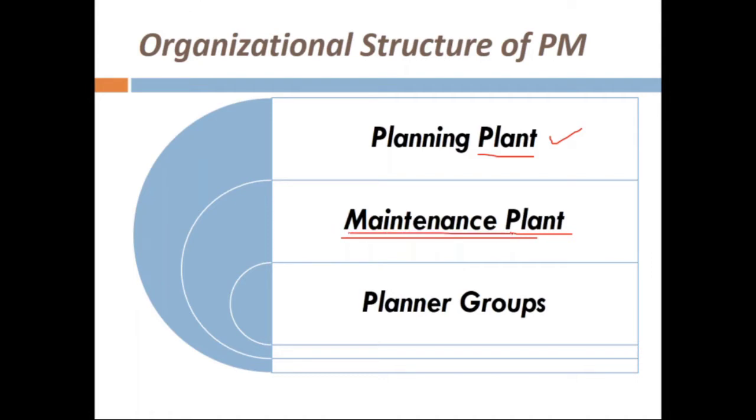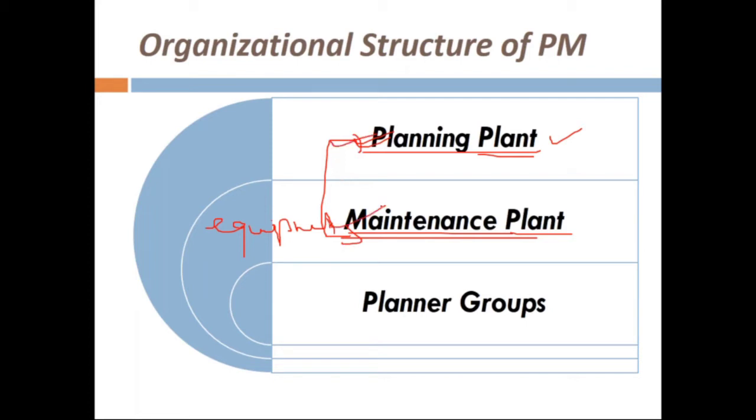A maintenance plant is a location or site where your equipments, your machines are located. Now, planning plant is a location or site where the people will sit and do the planning activities. So both can be the same, or both can be different.